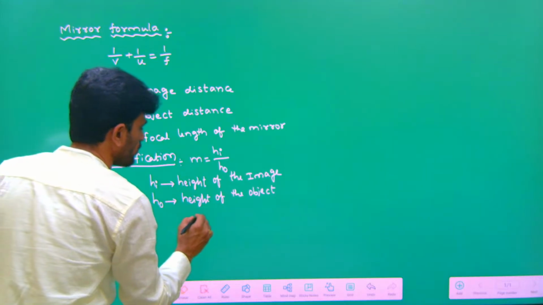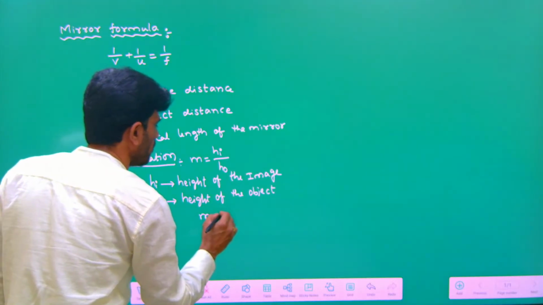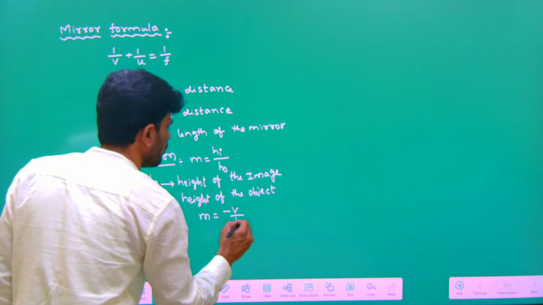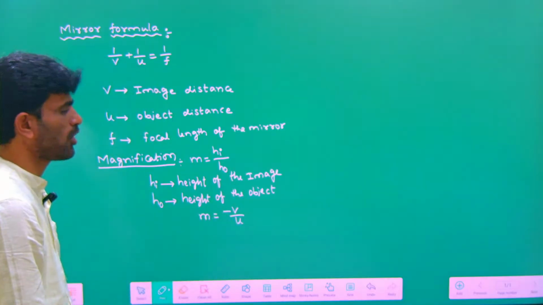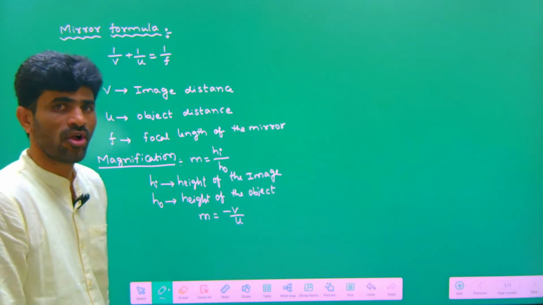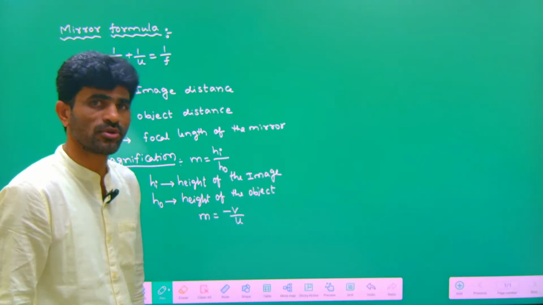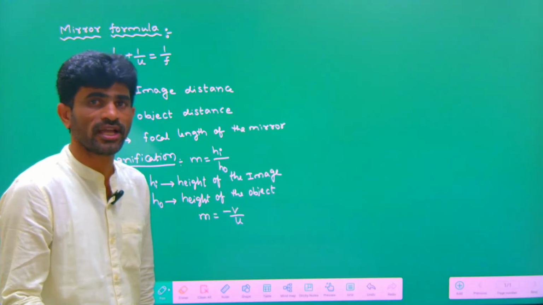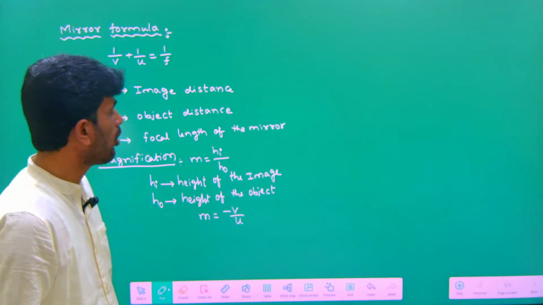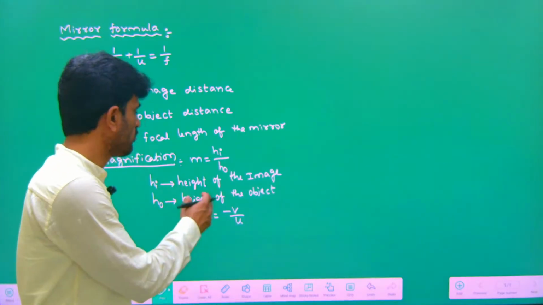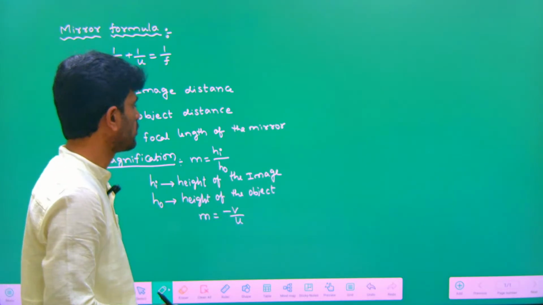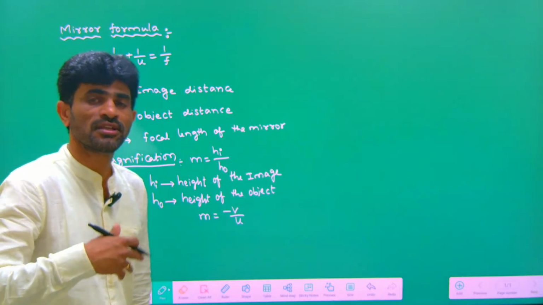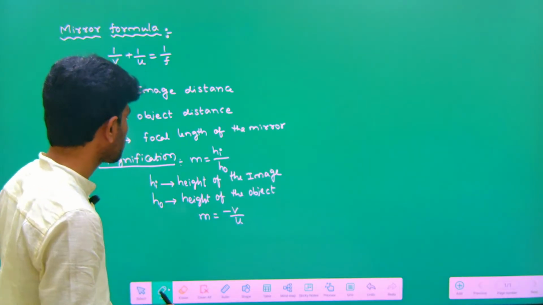And one more formula also we have: m is equal to minus v by u. Already I told you what v is, what u is. v is image distance, u is object distance. So in two ways we can find the magnification, either by hi by ho or minus v by u. That is whether the image size is increased or decreased.